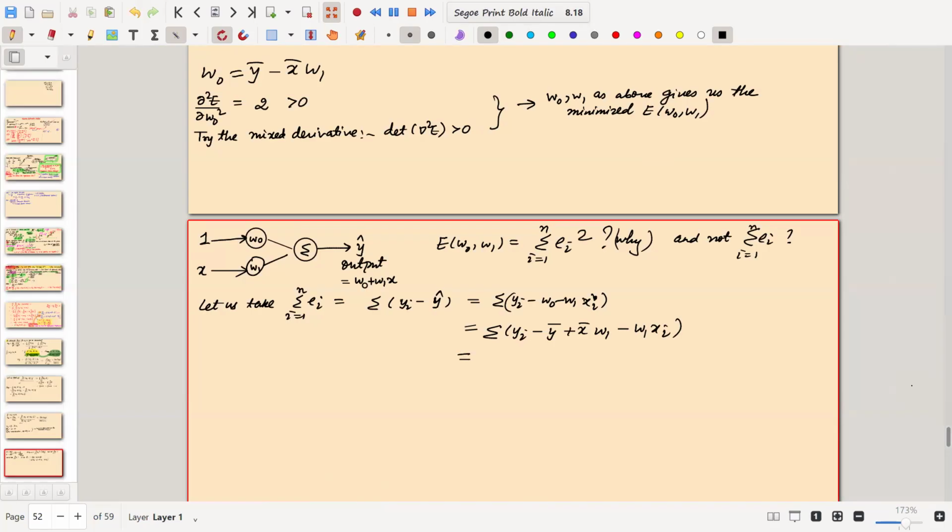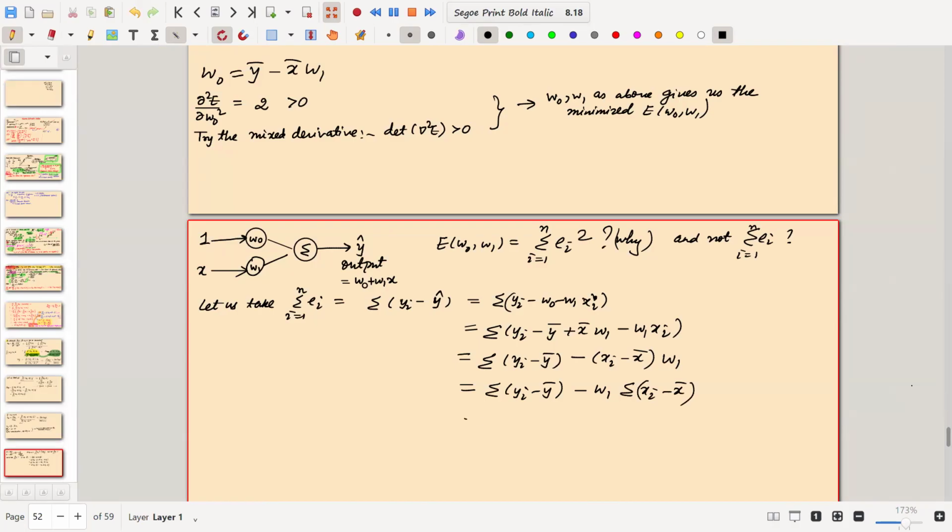So that should be summation of yi minus y bar minus xi minus x bar W1. Now do you agree? Yes. So if I take the summation, what should happen? Summation of yi minus y bar, fine, minus w1 of summation xi minus x bar.